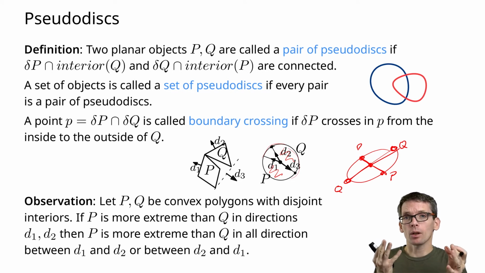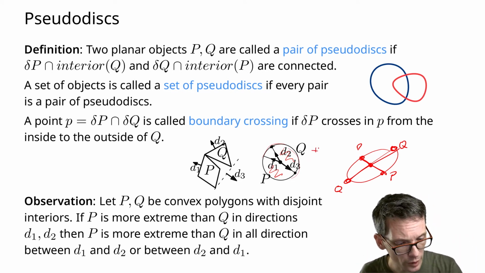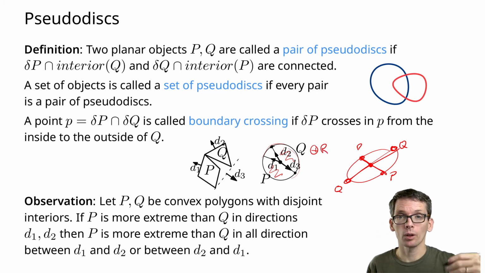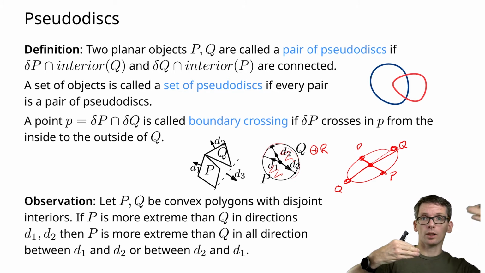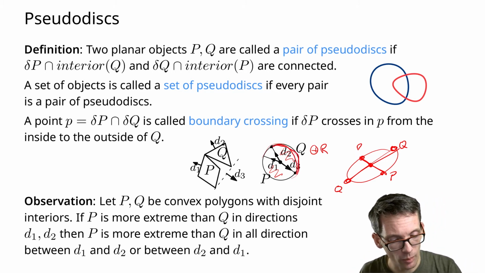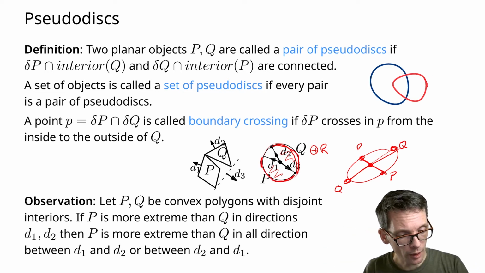What does that mean in terms of the Minkowski sums? It also means that if I take the Minkowski sum of Q and R, the extreme points of the Minkowski sum of Q and R are extreme points from Q plus extreme points of R. So that Minkowski sum will be extremal here. The Minkowski sum of P and R will be extremal here, meaning what I'm going to see is something like that.